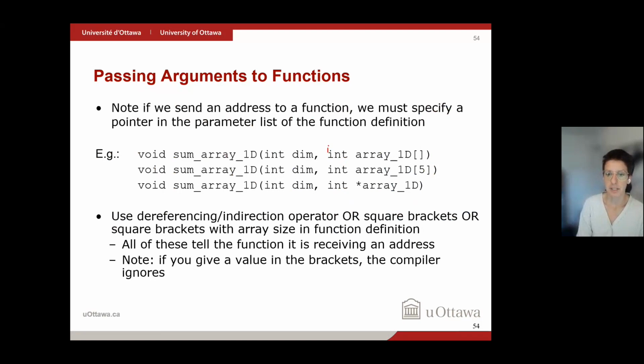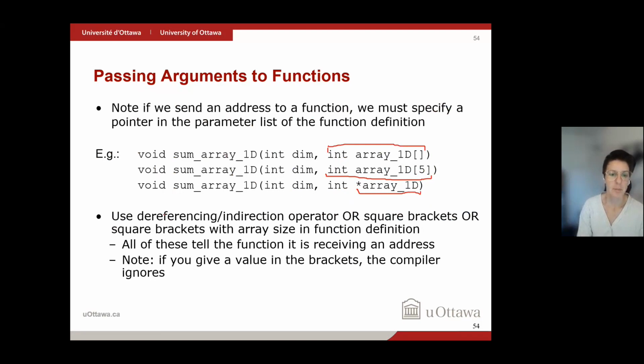So here you can see the way that we're telling the function that it's receiving a pointer is either by using empty square brackets or with a value in them, or that pointer operator, the dereferencing operator, beside the name of the variable. Okay, so all of these indicate a pointer is coming, an array pointer specifically.